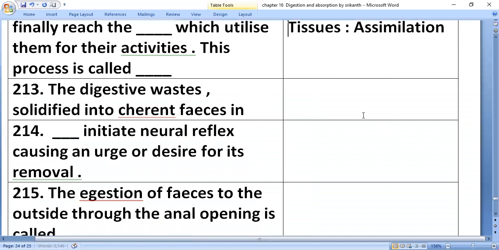The digestive waste is solidified into coherent feces in the rectum, which initiates the neural flux, causing an urge or desire for its removal.